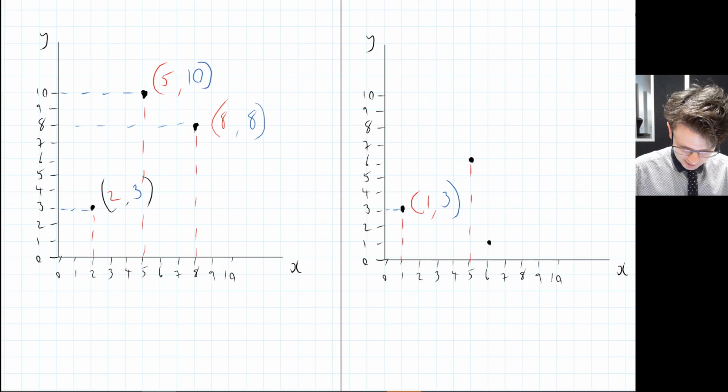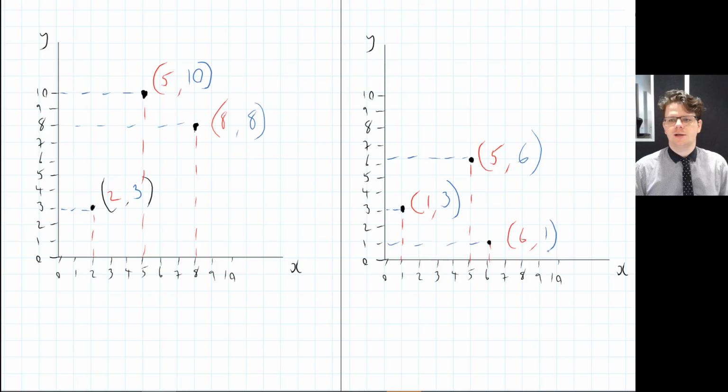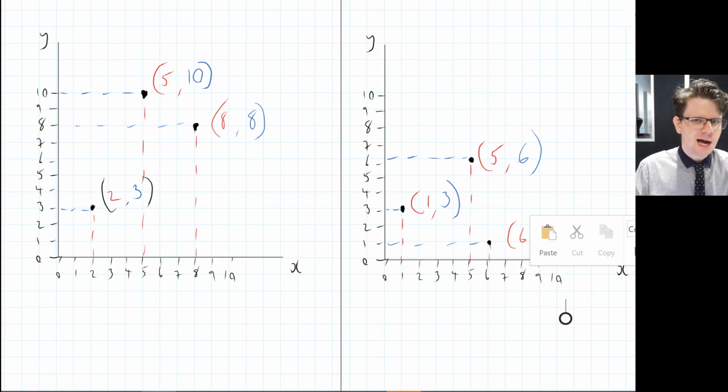So this one is going to start with a 5, and it's going to be 6 up. And we'll do one last one. This one is 6 across, and it is 1 up like that. Now you don't have to draw those little dashes in, and over time you're going to find that it's going to be easier and easier to have a go, but it's a good way just to get started.